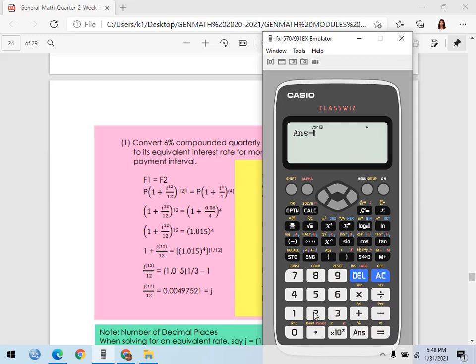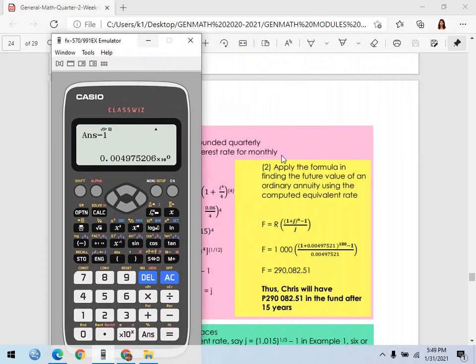And then, minus 1. Then, para maging standard siya, Shift E and G. Yan. There are some calculators na hindi na siya lumilitaw na ganun. So, no need to enter Shift E and G. So, that is your J, 0.004975. So, pag nag-solve na kayo, yun yung gagamitin yung J.